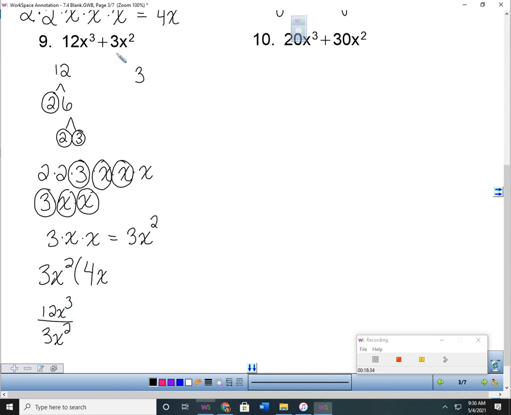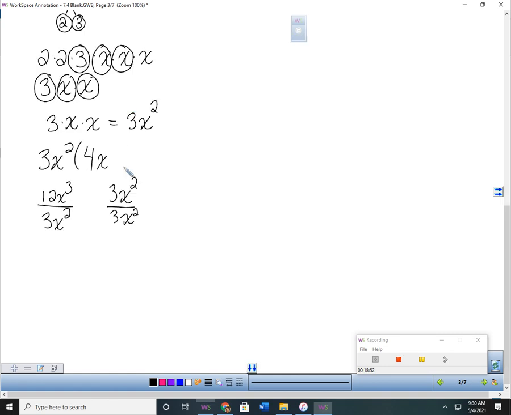All right, then I do the same thing with 3x squared. So I have 3x squared divided by 3x squared. Now here's where a lot of people mess up. If I take 3 and I divide that by 3, I get 1, right? And then x squared divided by x squared, that's also 1, but we just end up canceling. You get 1, right? Anything divided by itself is 1.